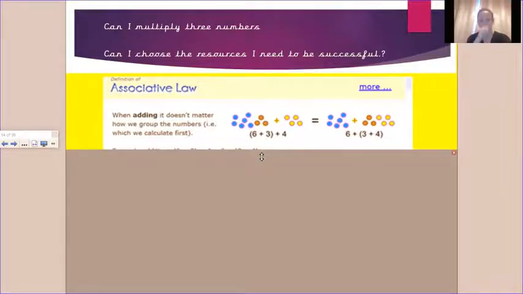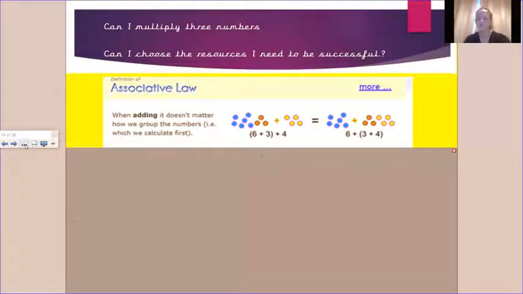So when adding numbers together, it doesn't matter how we group the numbers. So it doesn't matter in what order we add these numbers together. If I have 6 plus 3 plus 4, I know if I add 6 plus 3 is 9, plus 4 is 13.